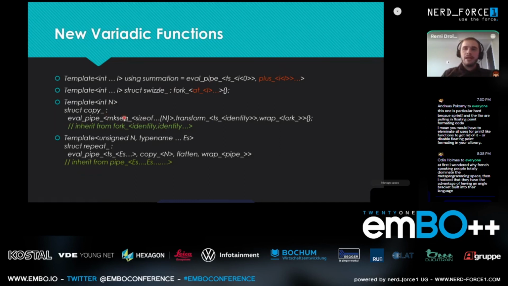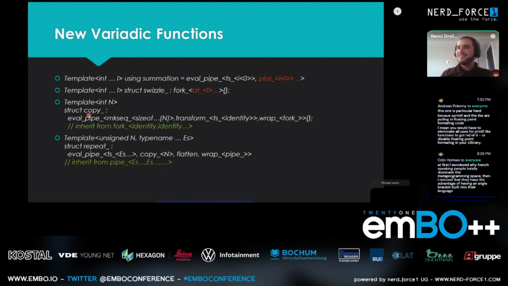And then I realized, hey, technically, if I write a fork with as many identity as n, it will technically copy and just output it as it is, since it's identity, and it will work. The only problem is I don't know how many n I need to write. So why don't I use my library to write it for me?